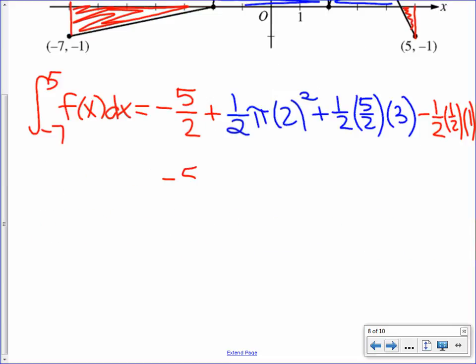We have negative 5 halves plus 2 pi plus 15 fourths minus 1/4. 15 fourths minus 1/4 reduces to 7 halves minus 5 halves.